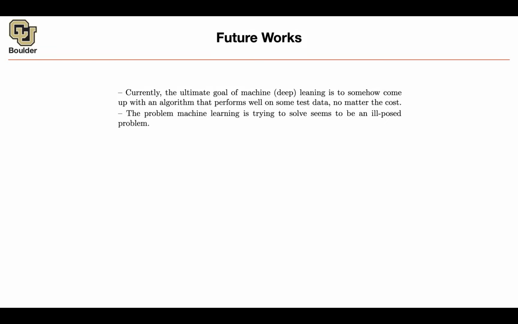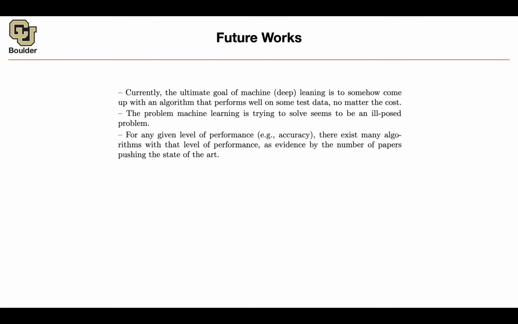But let's take a closer look at the problem that machine learning is trying to solve. That problem seems to be ill-posed. Why is that? We are looking at a performance metric, for instance, accuracy. And you can see that every single day, there is a paper coming and saying that we are pushing the state of the art.